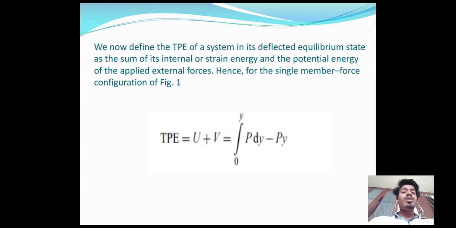We now define the total potential energy of a system in its deflected equilibrium state as the sum of its internal or strain energy and the potential energy of the applied external forces. Hence, for the single member force configuration of figure 1, here is the formula.